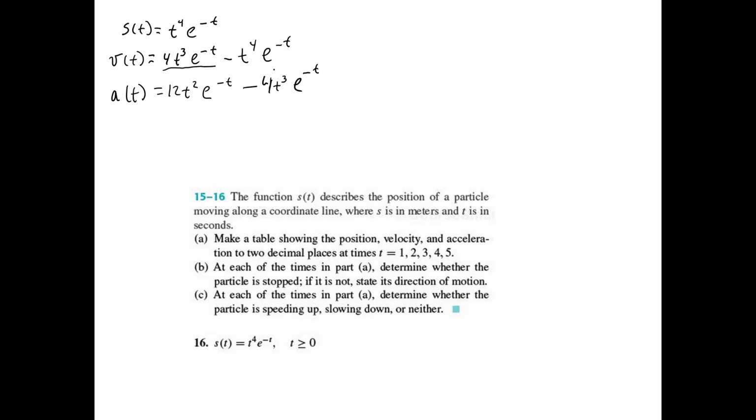Okay, and then we have the derivative of this, but if you notice, that is the same as this, and we already have that. So then we have minus, parentheses, 4t cubed e to the negative t minus t to the fourth e to the negative t.